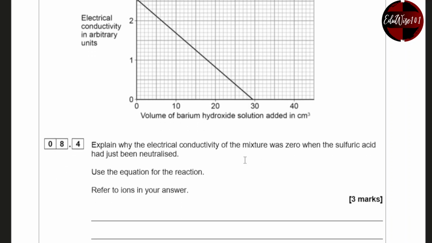So electrical conductivity, remember, depends on the movement of electrons, but also on the movement of ions.